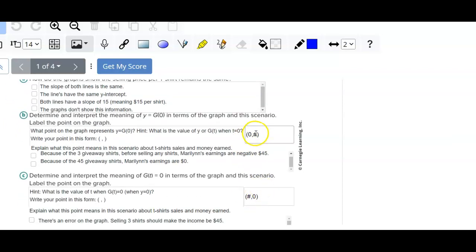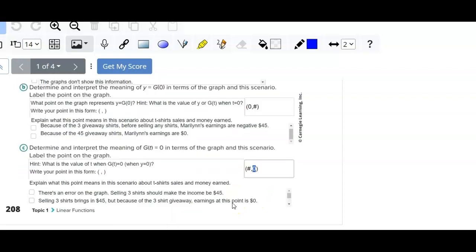So here you're filling in the output value when t equals 0, and here you're filling in the input value when g of t equals 0. And then you're going to analyze what this means in the scenario.